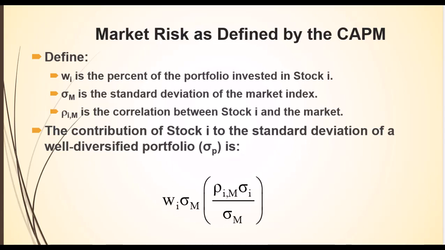So let's think about first the market risk. How is that defined? Well, when you create a portfolio, the stock contributes a certain amount to the standard deviation of that portfolio. How do you calculate that? W is the weight, or the percent that's invested in the stock.